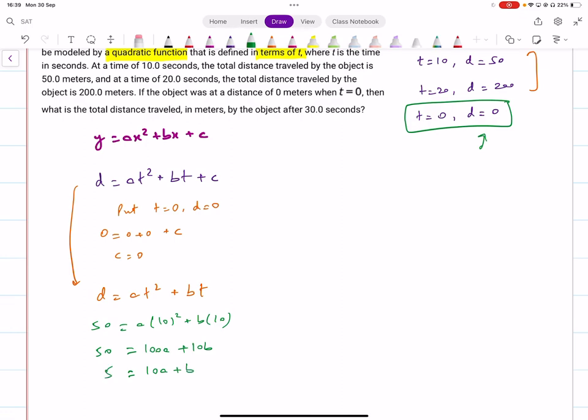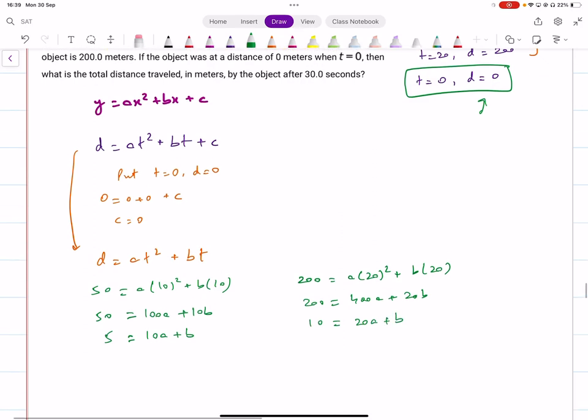That's one equation. If we input this other point, 20 and 200, that gives us 200 equal to a into 20 squared plus b into 20. That's 200 equals 400a plus 20b. We can divide the whole equation by 20, and that will leave us with 20a plus b equal to 10. These are two equations that we have.